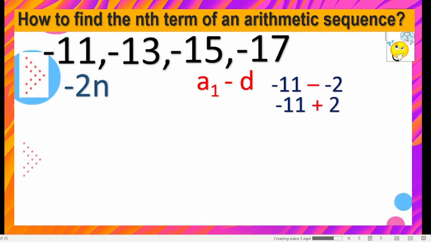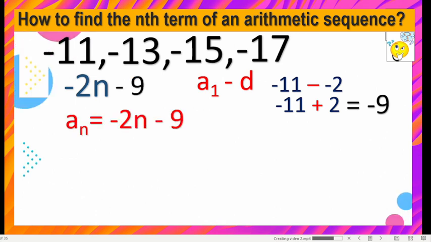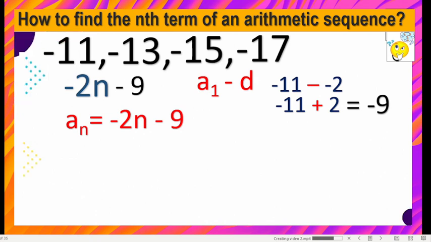So, we have negative 11 plus 2. To add integers with different signs, just simply subtract the smaller number from the larger number, then keep the sign of the larger number. So, the sign of the larger number is negative, so we have negative 9. Hence, the nth term of this particular sequence is a sub n equals negative 2n minus 9.